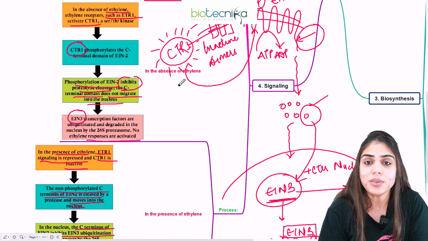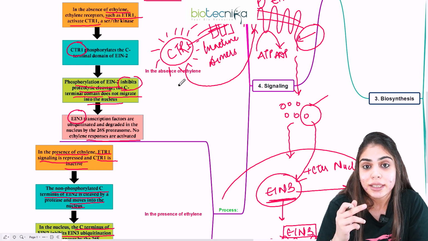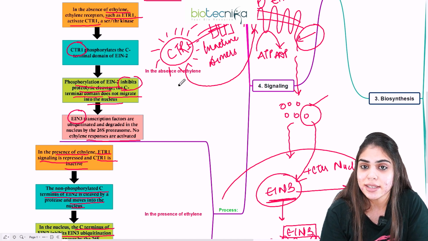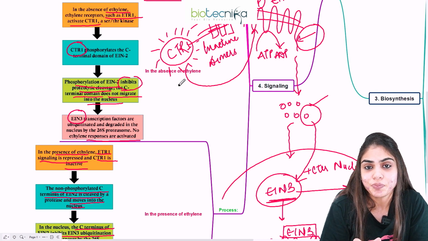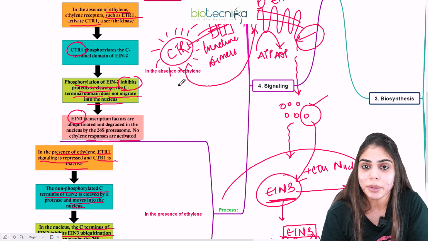So in order to start the signaling process, the ethylene must bind to the receptor. That will repress the signaling process and will inactivate its kinase domain, that is CTR1. And once CTR1 is inactivated, it will not be able to phosphorylate its target, that is EIN2. And now this EIN2 will be cleaved by some other protease from outside. Now the C-terminal part will be produced.